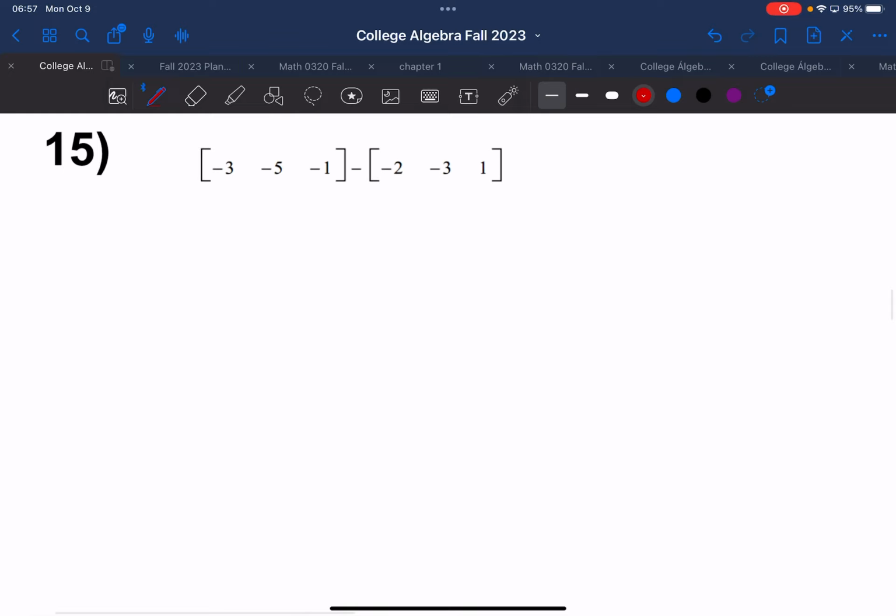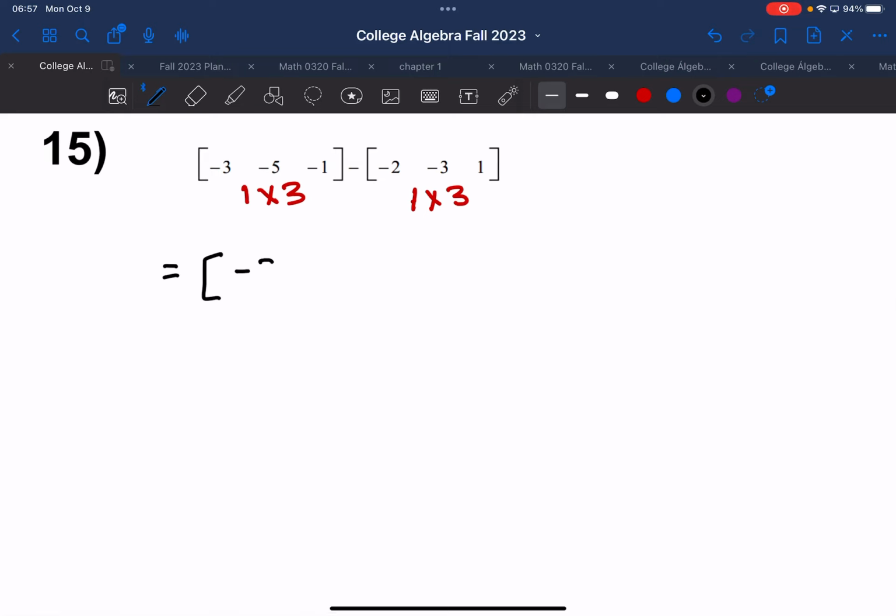Okay, number 15. Again, our first step is to identify the dimensions. Are these the same? Yes, they're both 1 by 3s. So when I subtract both of these, I'm subtracting by the corresponding element. So I'm going to do -3 minus what number? -2. And then I'm going to do -5 minus -3.